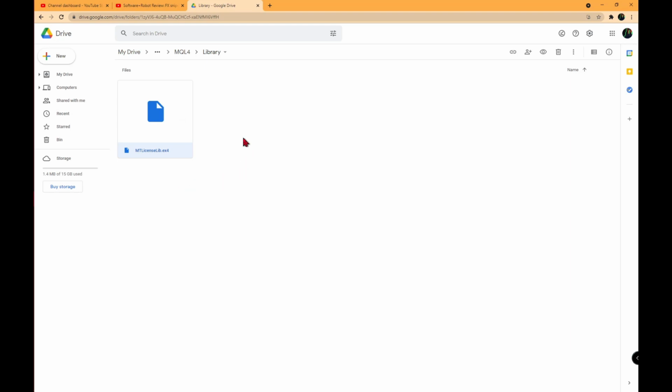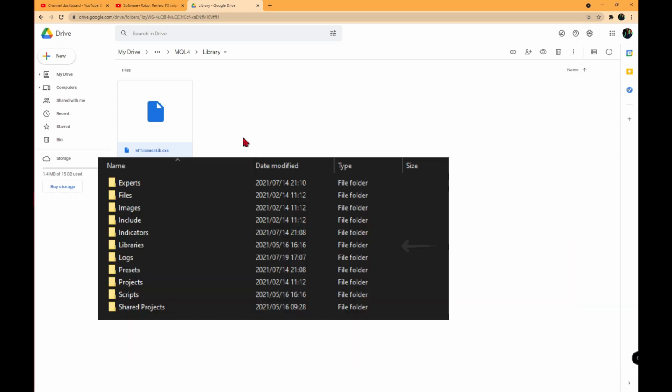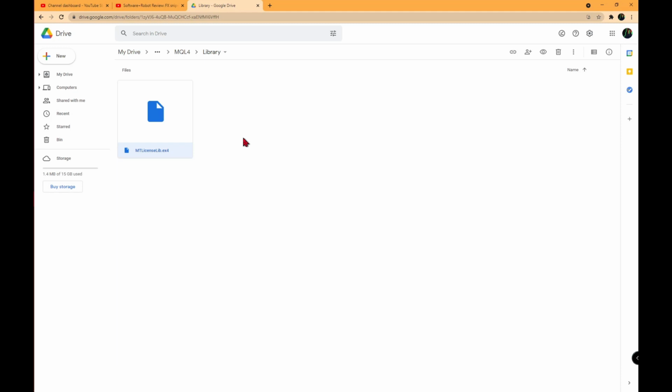The libraries folder can be located under the indicators folder. So if you get confused, just navigate your way towards the indicators folder in your MQL4 platform, and then look directly below that and you should find the libraries folder where you need to paste this file.